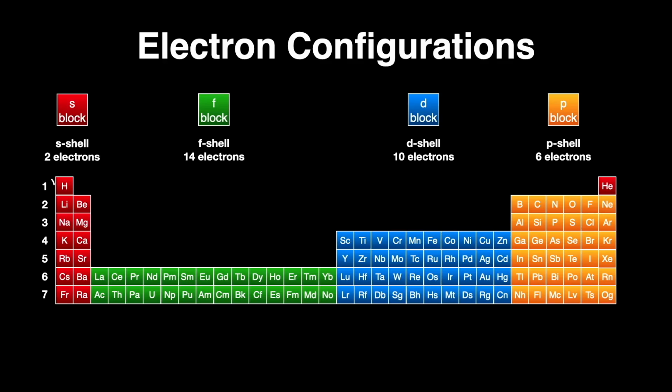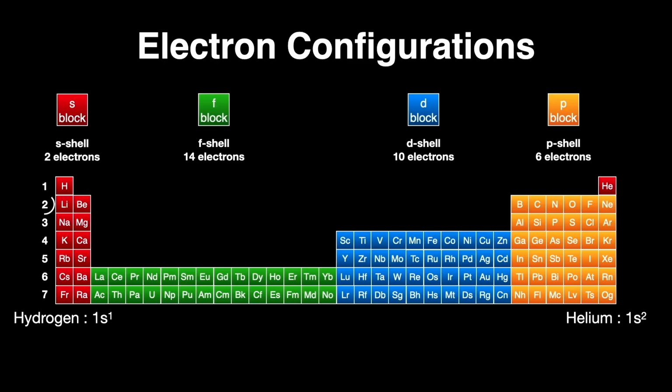Hydrogen in row 1, or properly period 1, has 1 electron in the s shell and is notated 1s1. Row 1, s shell with 1 electron. Helium is 1s2. Row 1, s shell with 2 electrons, all it can hold.